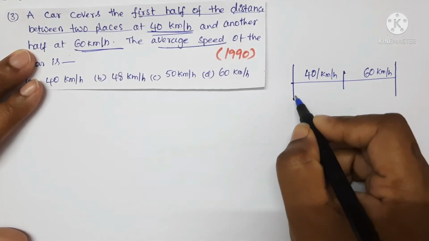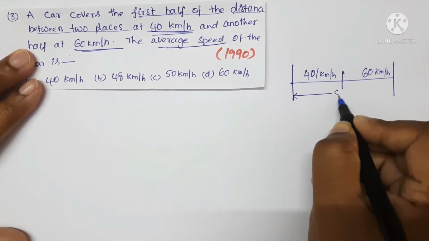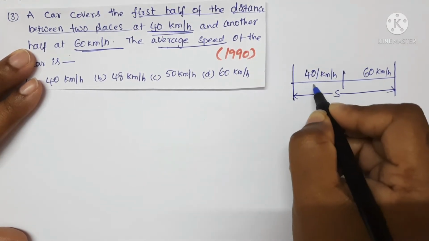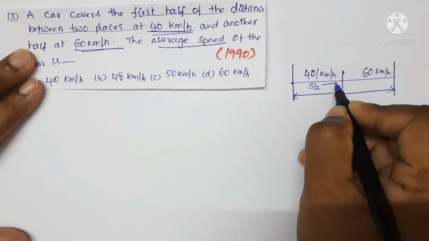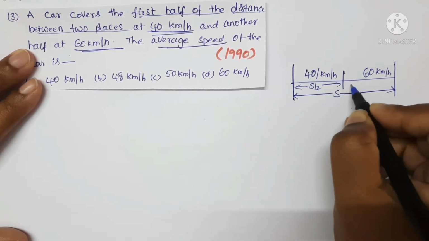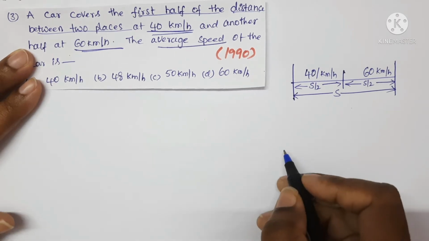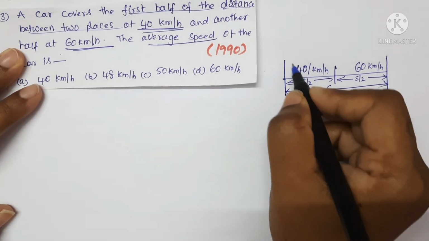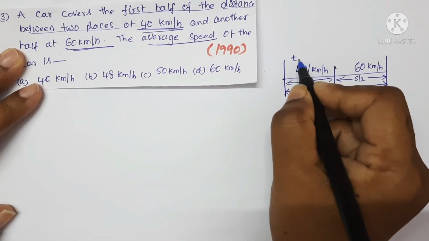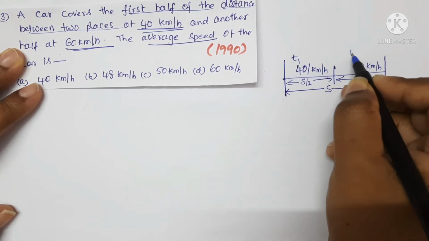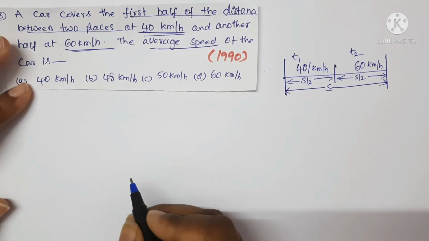So the total distance travelled, let it be S. For the first half, the distance covered is S by 2 and the second half is S by 2, and the total distance covered by the car is S. For the first half, let the time be T1 and for the second half, the time be T2.